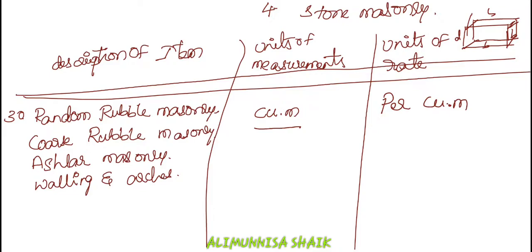We have continuations in stone masonry. The next item is stonework in wall facings. Stonework in wall facing is nothing but, while you're constructing the exterior of your house, you'll be having stone chips or stone rubbles.